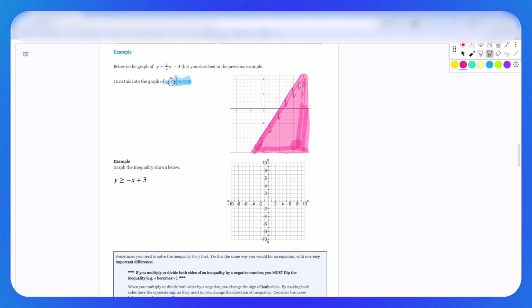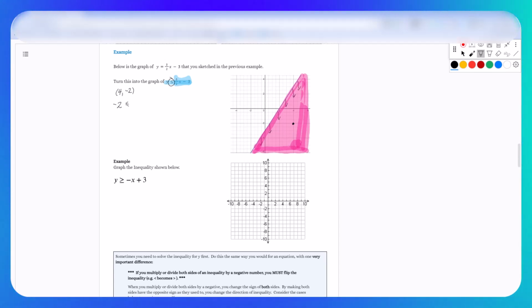So when we do these linear inequalities, or any inequality, we want to do that test point. So we're going to pick a point inside the region that we shaded. Let's pick (4, -2), and let's substitute it into our linear inequality.